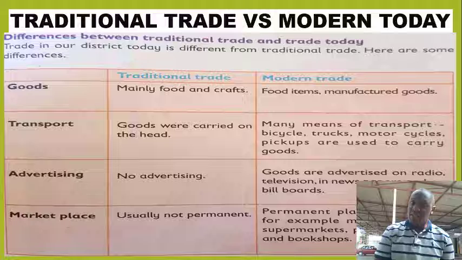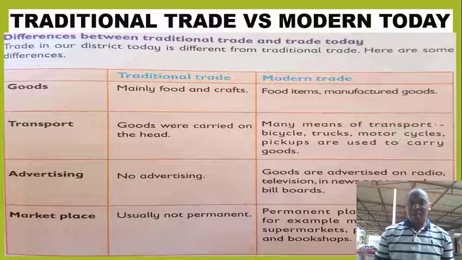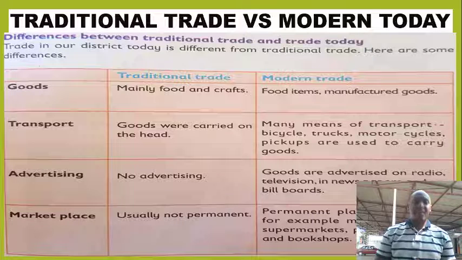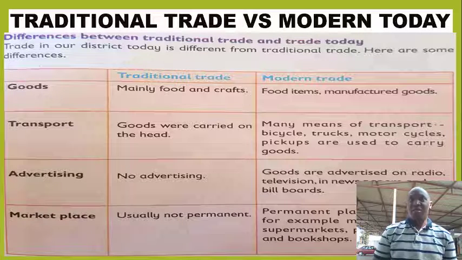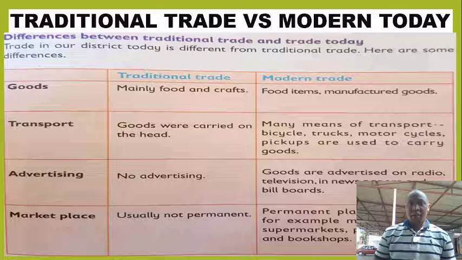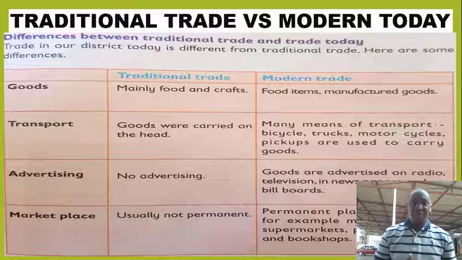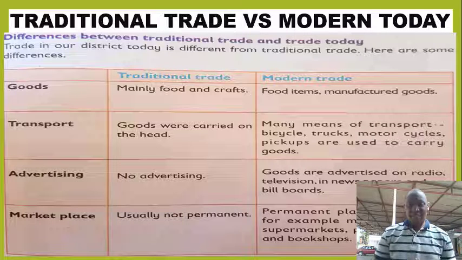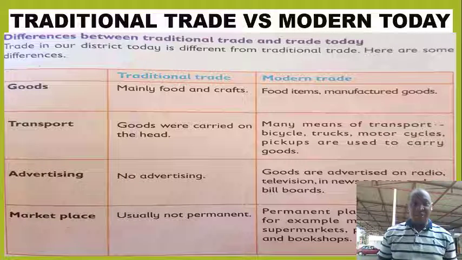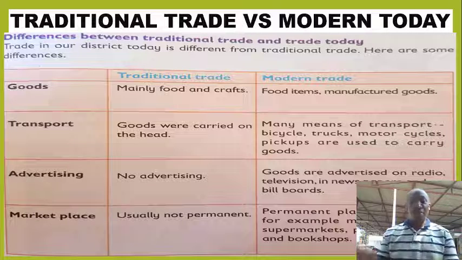And as we said, someone actually asked me in the previous lesson what kind of marketplace they had if they were not having permanent places. I'll give you one example. During the times I used to go to the village, there was a specific day when specific items were being sold, and so there were some specific spots put in place.